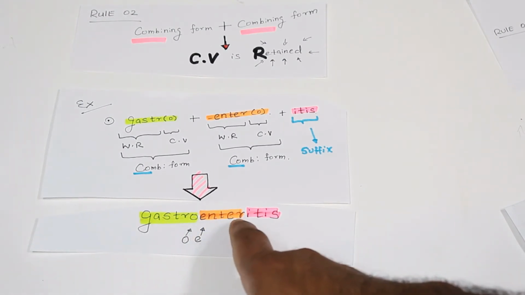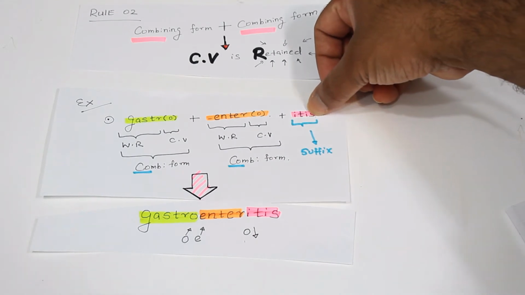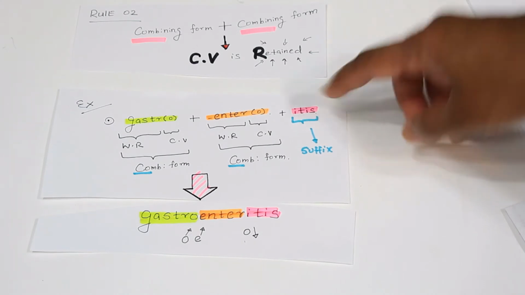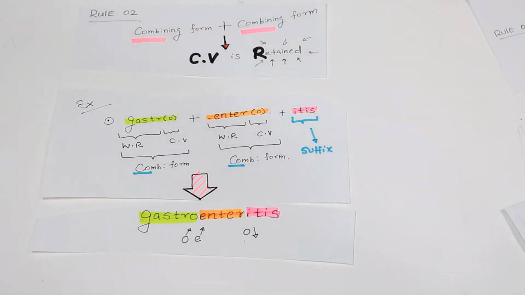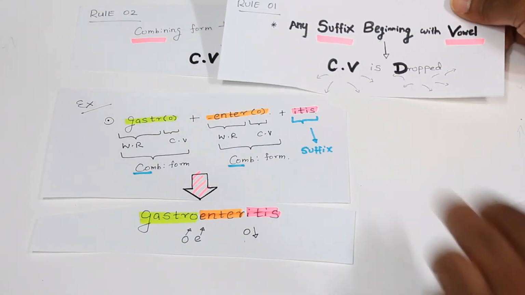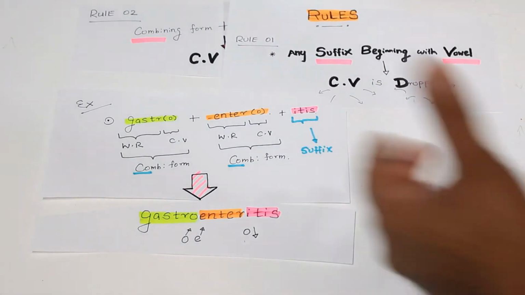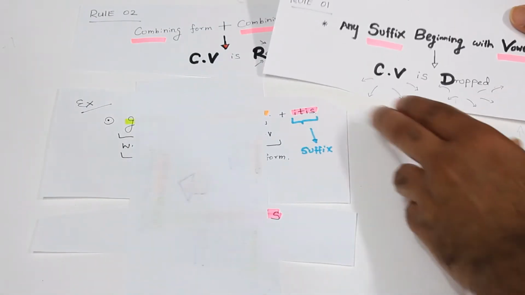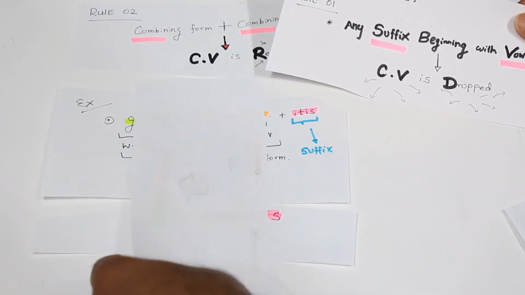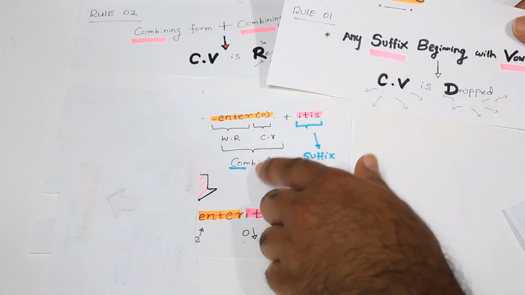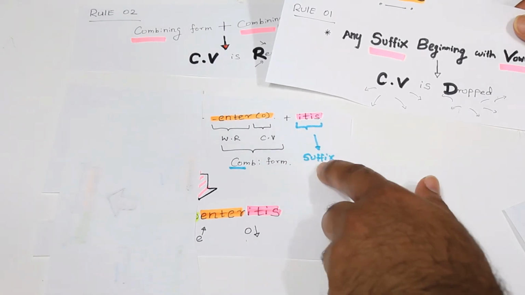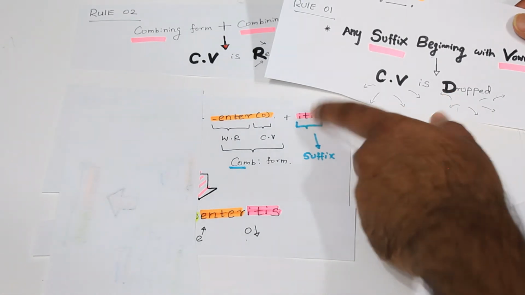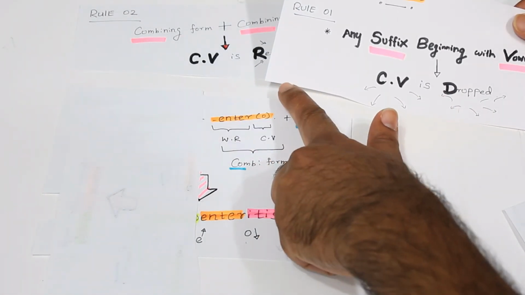Then gastroenteritis: this is the suffix, a condition. Itis means inflammation. So what happens according to our first rule? Just look at this one, itis. A combining form joins a suffix. Any suffix beginning with a vowel, the combining vowel gets kicked out.